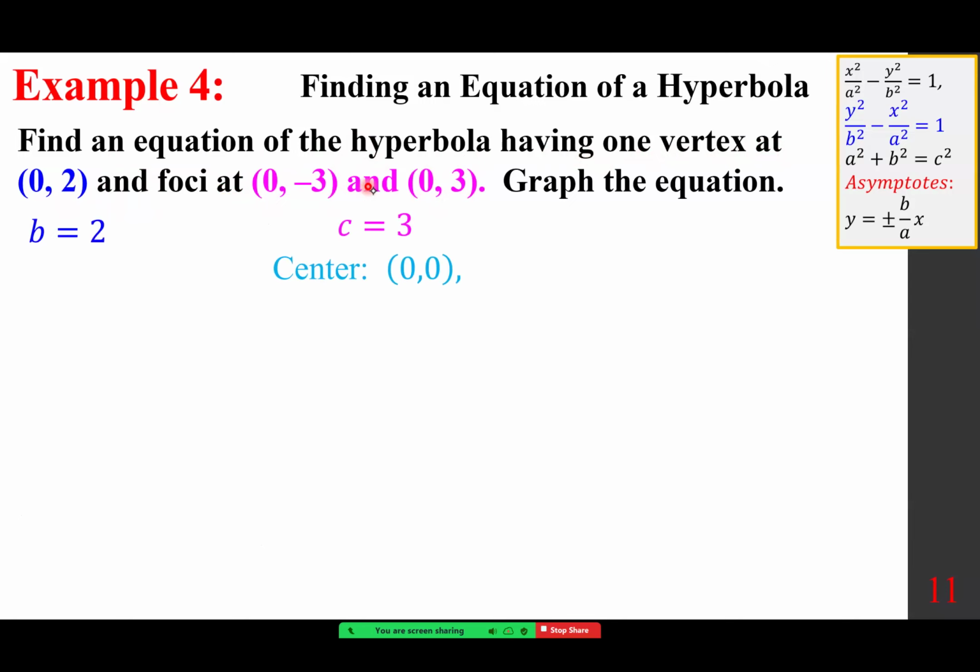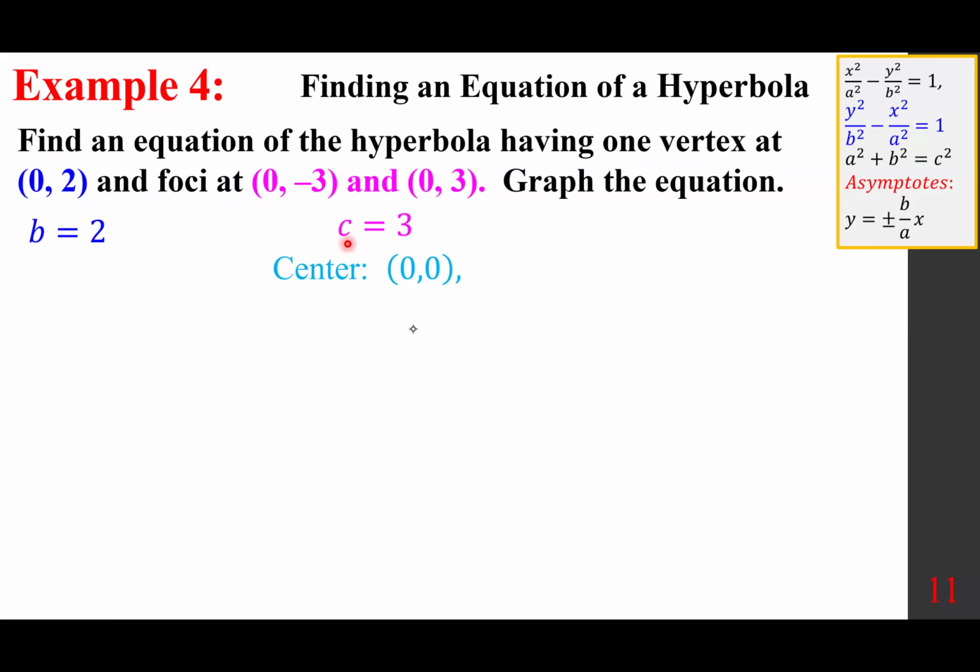And again, the center is at 0, 0. So from this information, we get three pieces: the center, the value of b, and the value of c. And remember, this is going to open up and down. We have done the graph already, so I'm going to do the graph at the end in one shot, but I just want to analyze it.